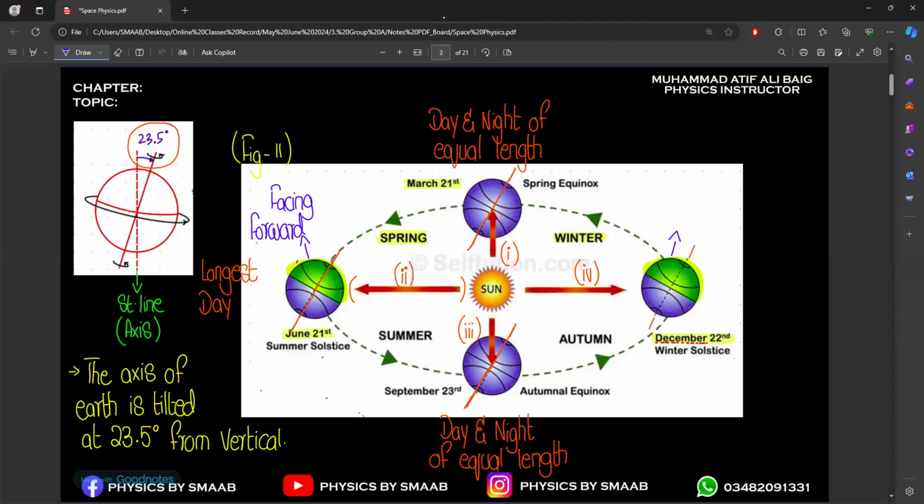We are in the region of this highlighted part. So on one side of the elliptical shape, we are facing forward towards the sun, and now when we move on the other side, we are facing away from the sun, right? Because you can see this tilted shape is away from the sun. This is facing away.